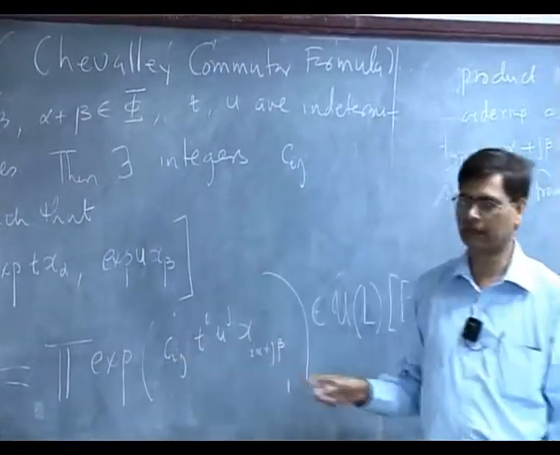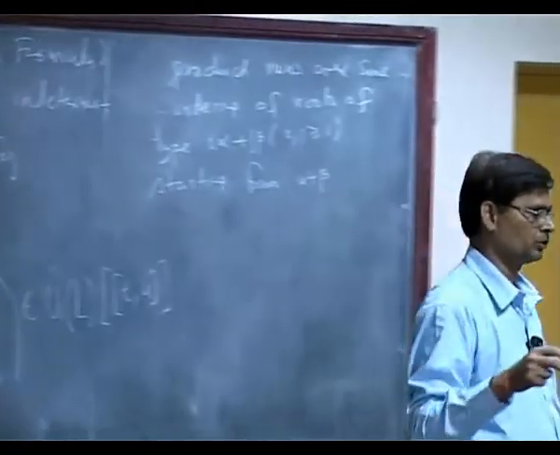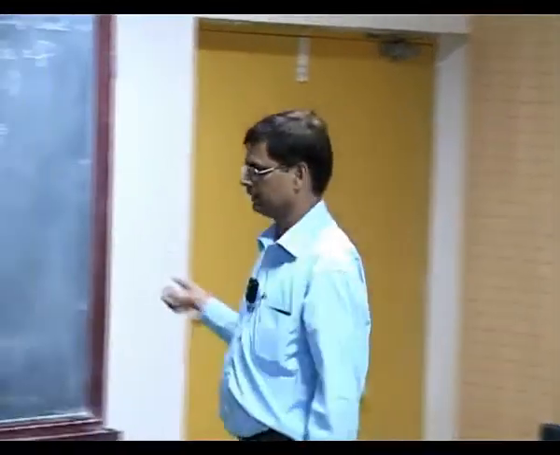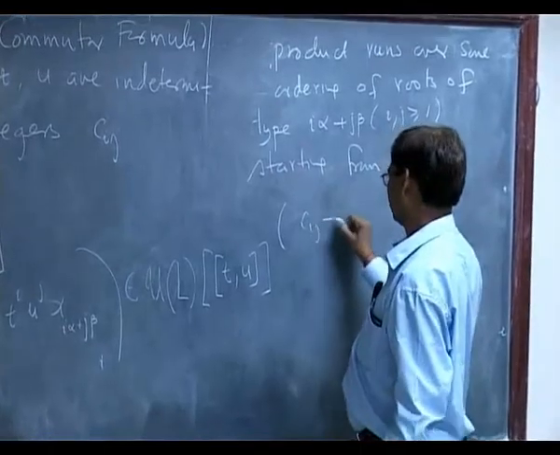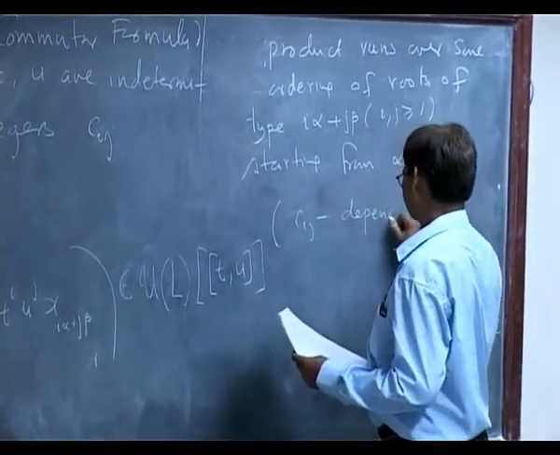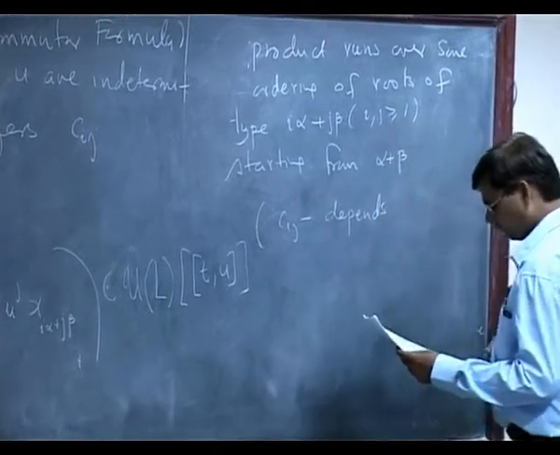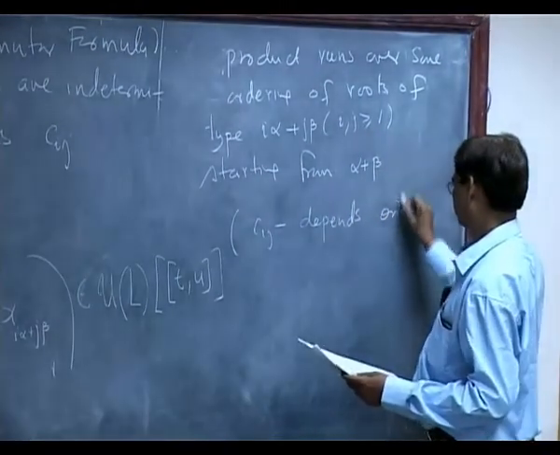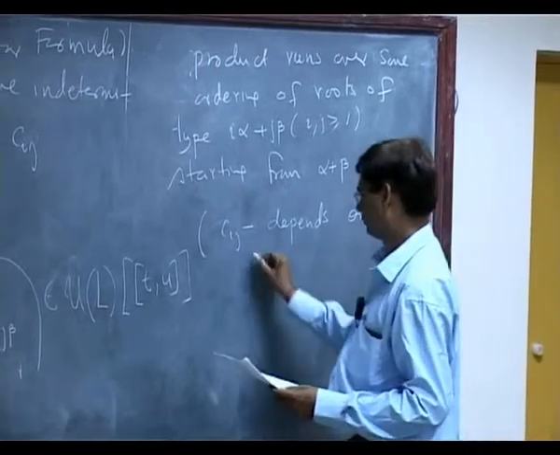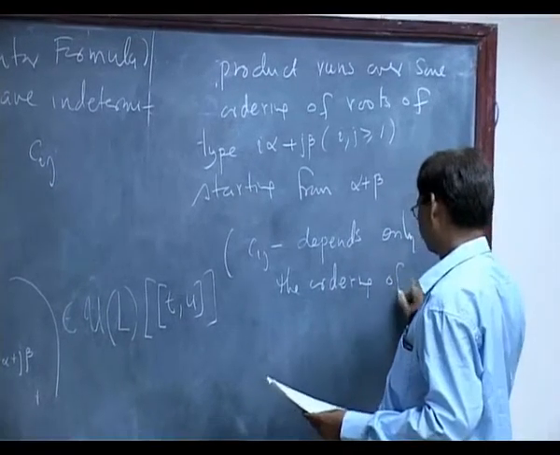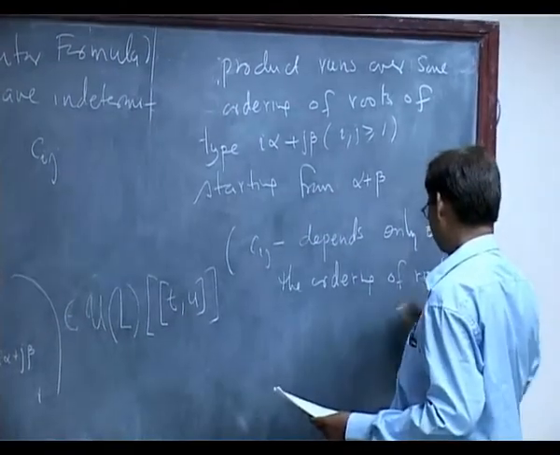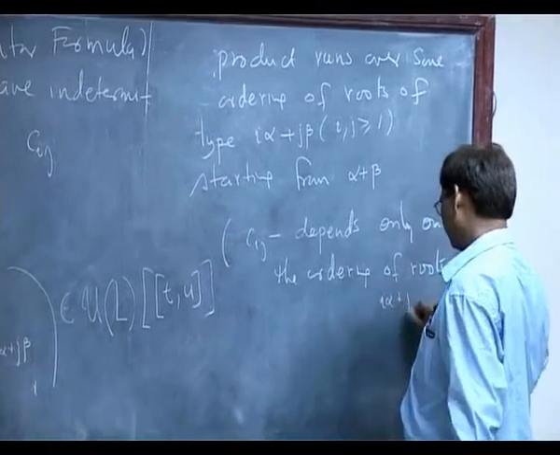The first element in the ordering is alpha plus beta, which is a root. You fix some other ordering, and then Cij only depends on the ordering of roots i alpha plus j beta.